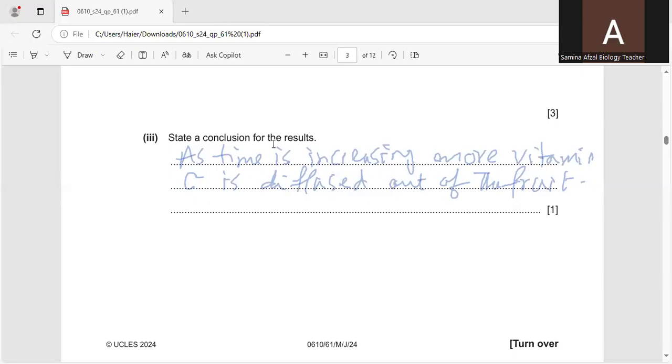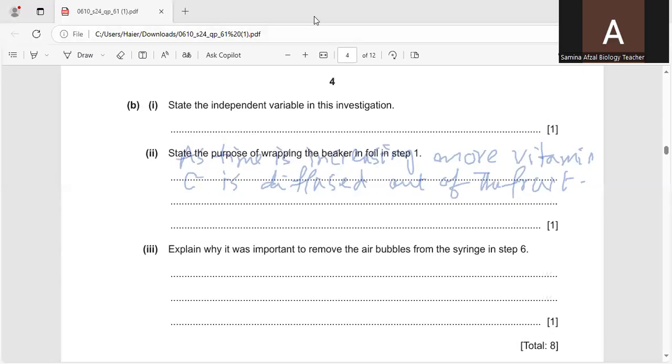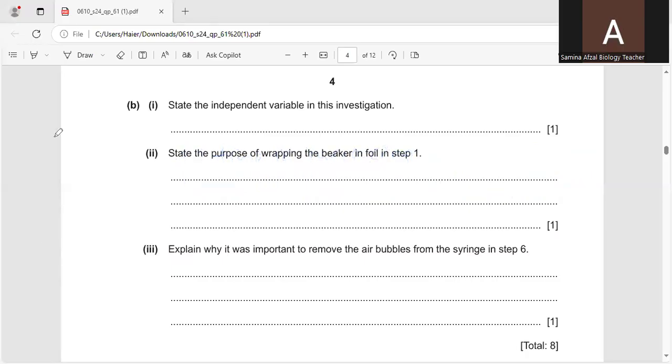Now we are moving towards the next question, and the next question is to state the independent variable in this investigation. The independent variable is always taken on the x-axis, and in this case it is the time.